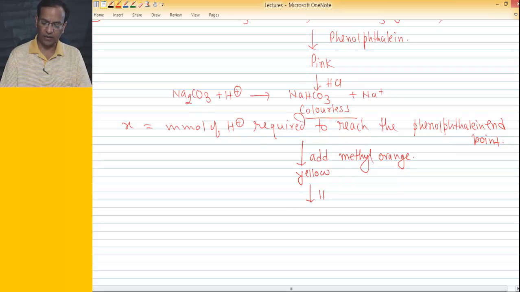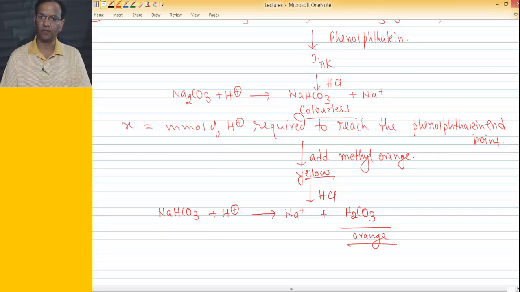Now start adding acid. What will happen? Sodium bicarbonate, NaHCO3, will now start neutralizing to give carbonic acid. And the moment this step is complete, the solution will become orange, from yellow to orange.